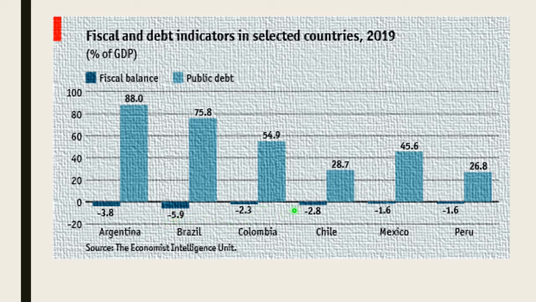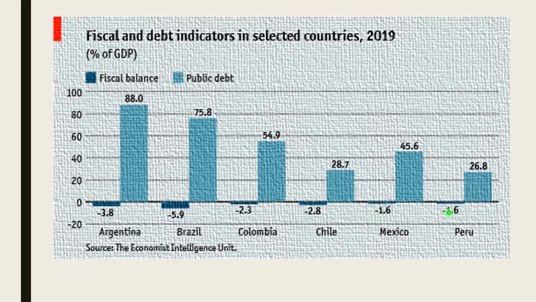When you compare Mexico and Peru, both countries have minus 1.6% of fiscal balance.